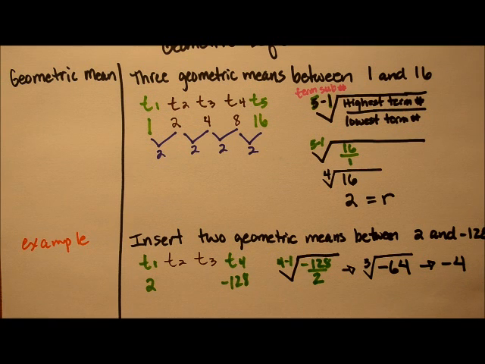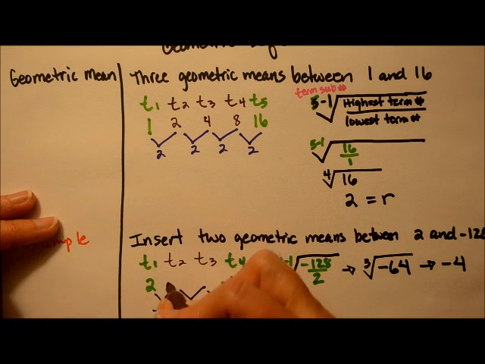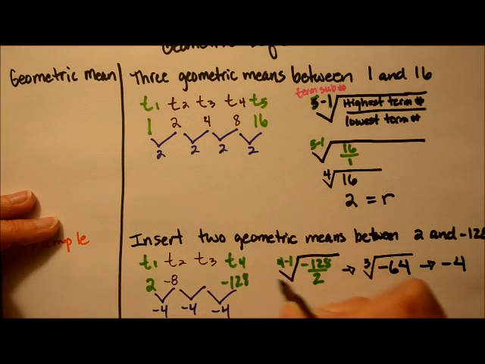So I'm just going to come back over here and go, okay, well, let's see. I mean, you can check it. You're going to know whether or not you have it right. You can just look on the last one. If in the last one you don't get to negative 128, then we messed up. Okay, so 2 times negative 4 is negative 8.